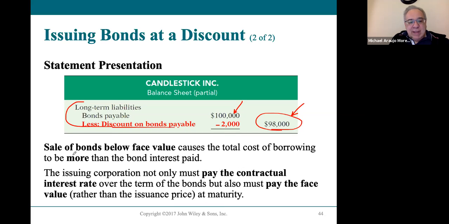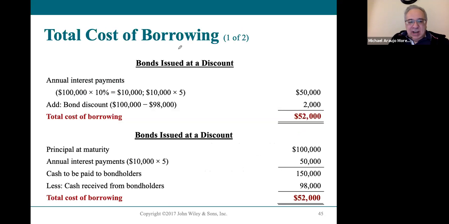Okay, so that means that when they sell a bond at below its value, the cost of borrowing money is more than what they promised to pay. They promised to pay 10%, they're going to pay more than that. Why? Because they sold it at a discount. So it can be a little bit more expensive. Again, you don't have to know this, but this is the math to it. Okay. So let's look at the bottom line here.